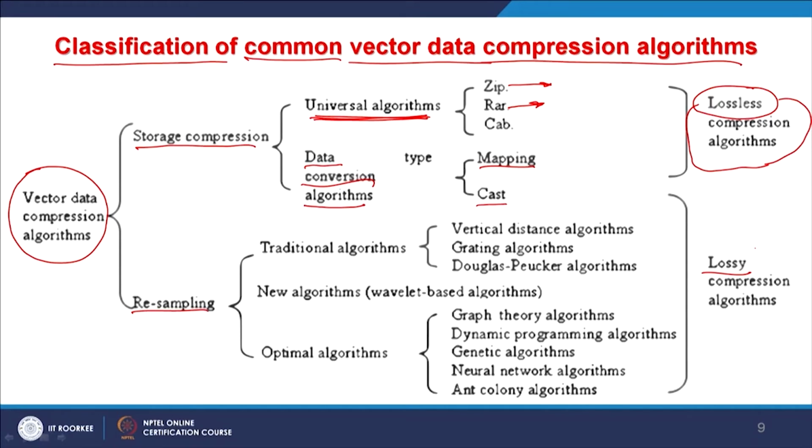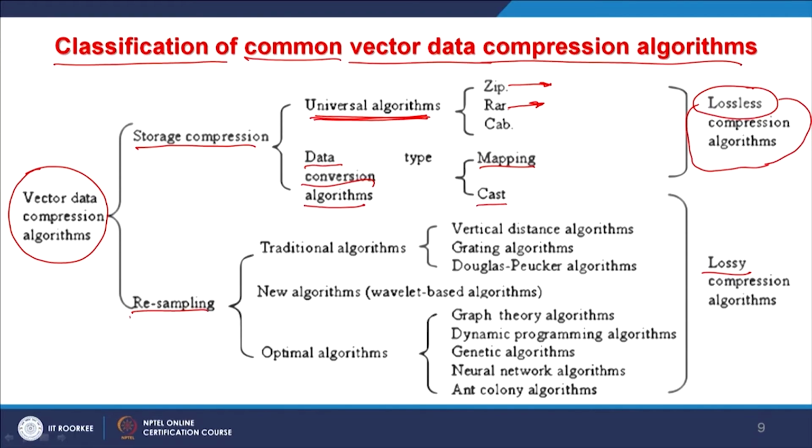But the advantage with lossy compression techniques is that they will allow us to achieve much more compression than lossless compression techniques. And the best example I have given is JPEG. JPEG is a file format as well as a lossy compression technique.